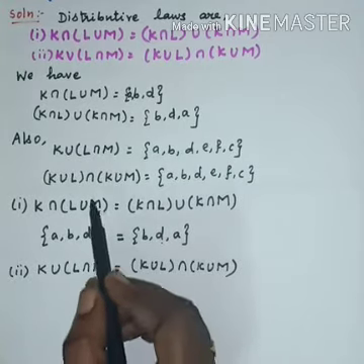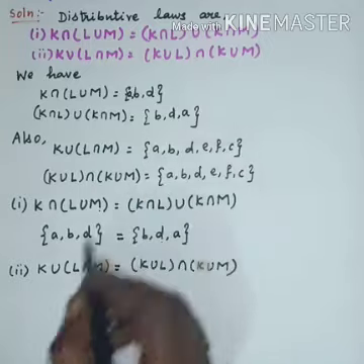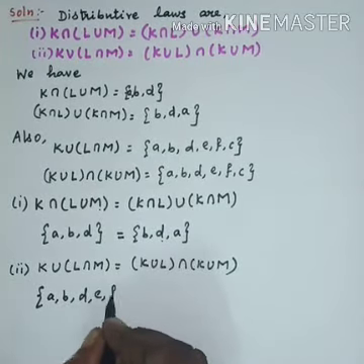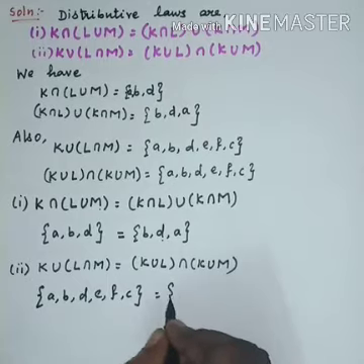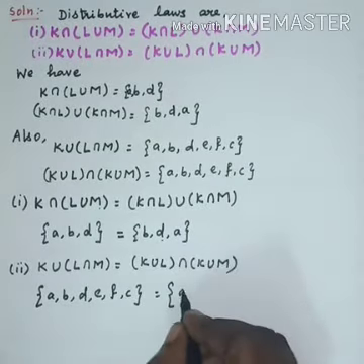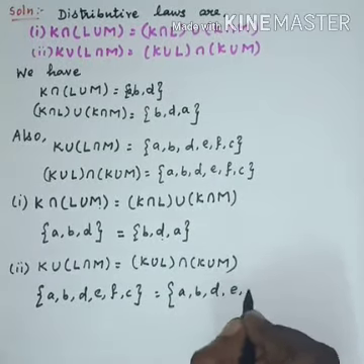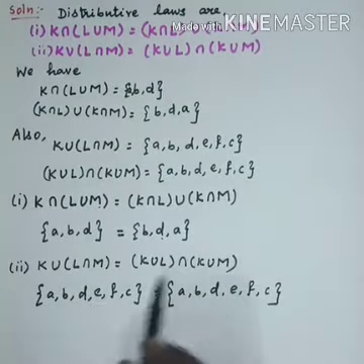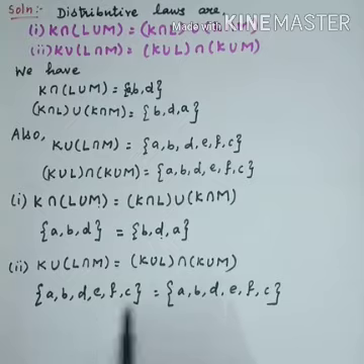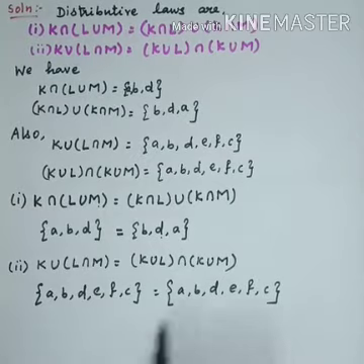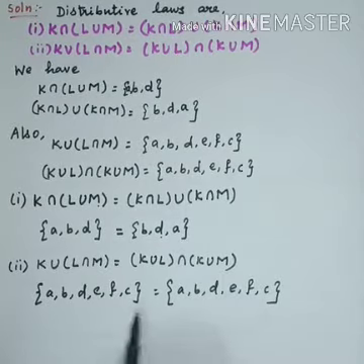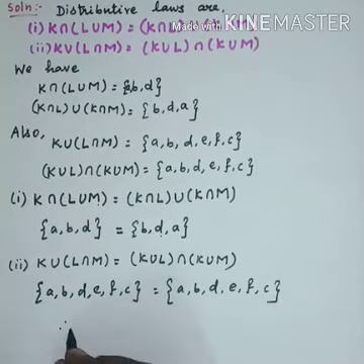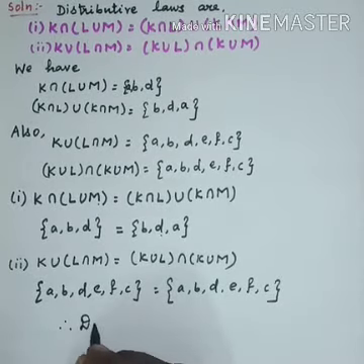So K union (L intersection M) has the elements A, B, D, E, F, C, is equal to, here also the elements are A, B, D, E, F, C. So in this law also the left hand side and right hand side have the same elements. Therefore these two are equal. Therefore the distributive laws are satisfied.